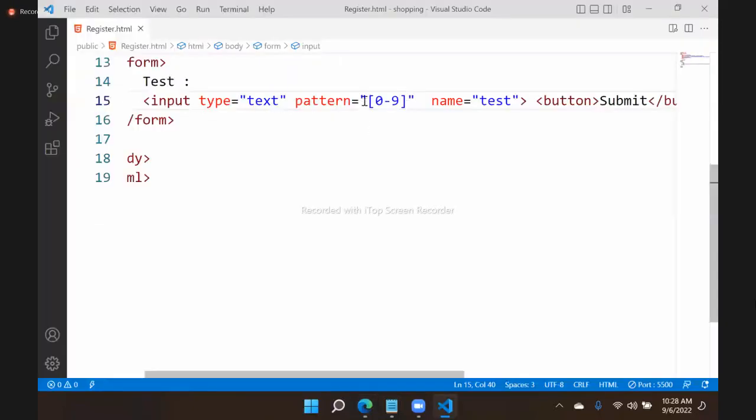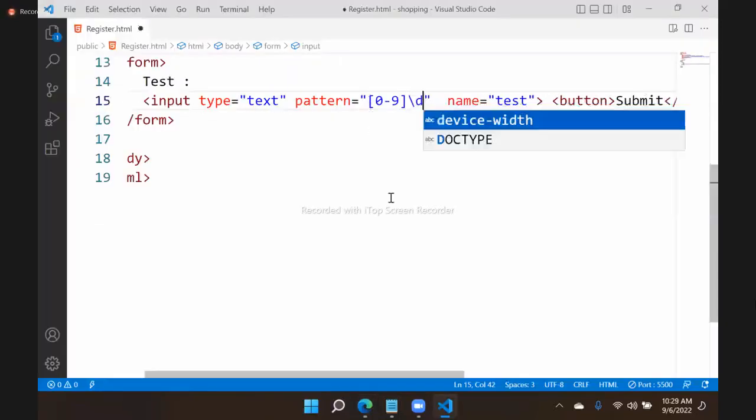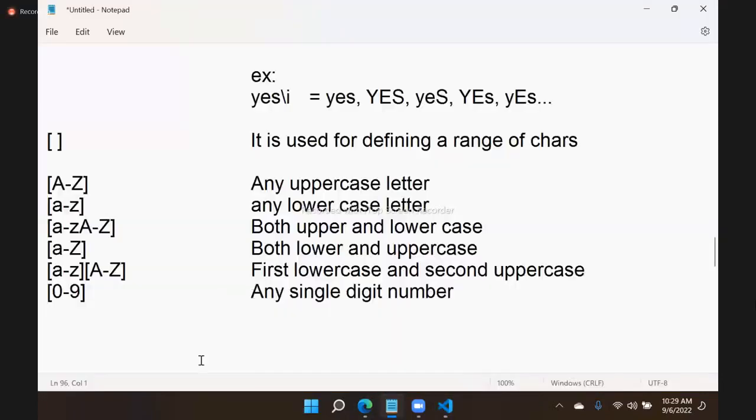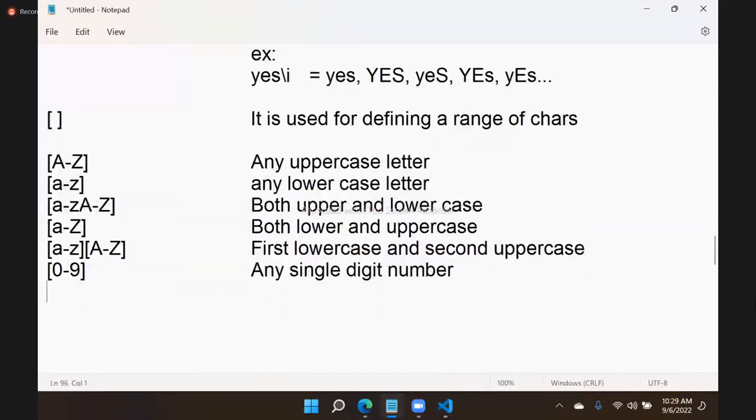So you can write like this. You can use /d, that means a two-digit number, one with /d and another with 0-9. What is the advantage of this? The difference is /d will allow any number. But if I write like this, I can write here 6-9. That means any number between 6 to 9 only.